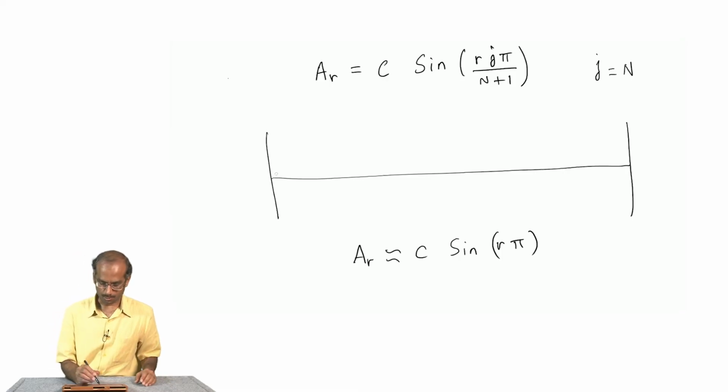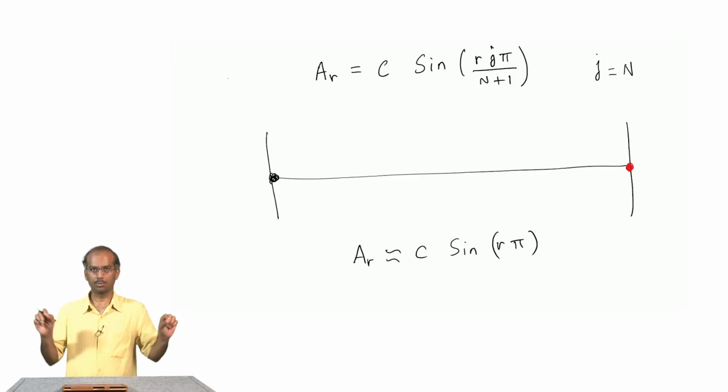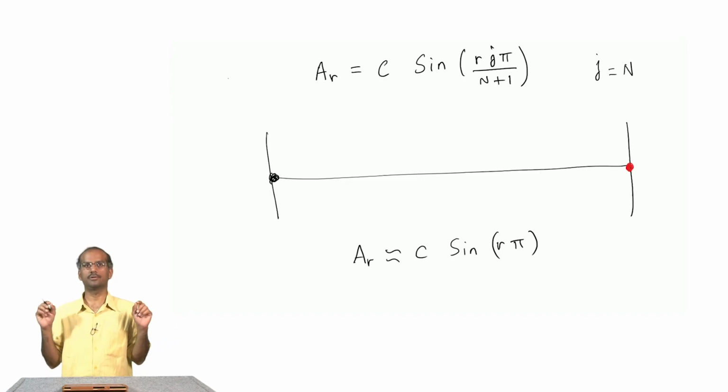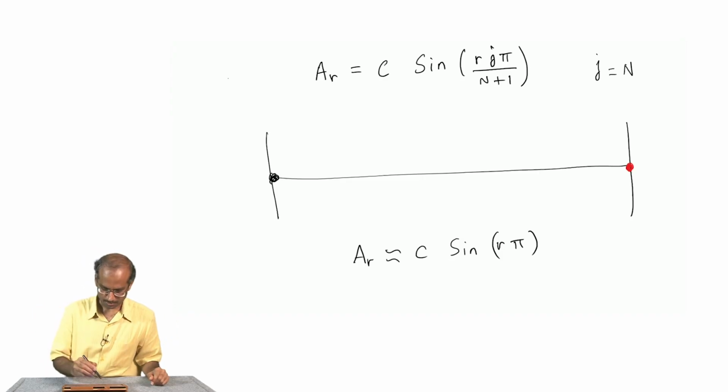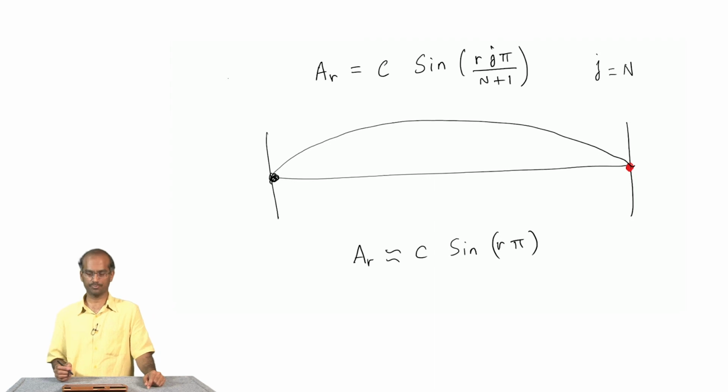and when r is 0, which is this point, and r is n plus 1, this point, both are points at which the amplitude is 0. Which means that this should describe for me an overall profile that is like this.